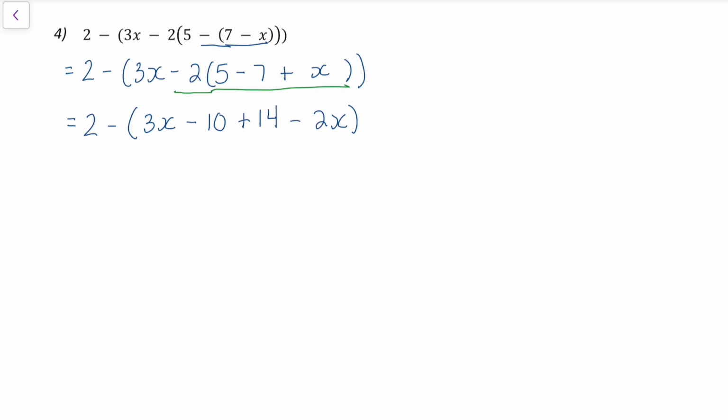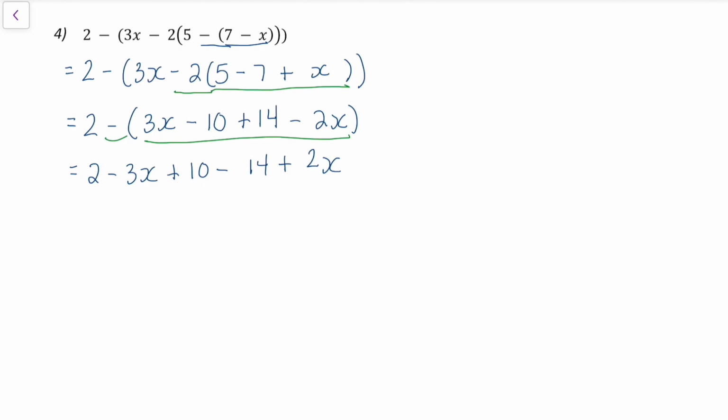Now I can expand this bracket with the minus out front, and I get 2 minus 3x plus 10 minus 14 plus 2x. And now I can start combining my terms. I've expanded all my brackets, so I'm going to start simplifying.